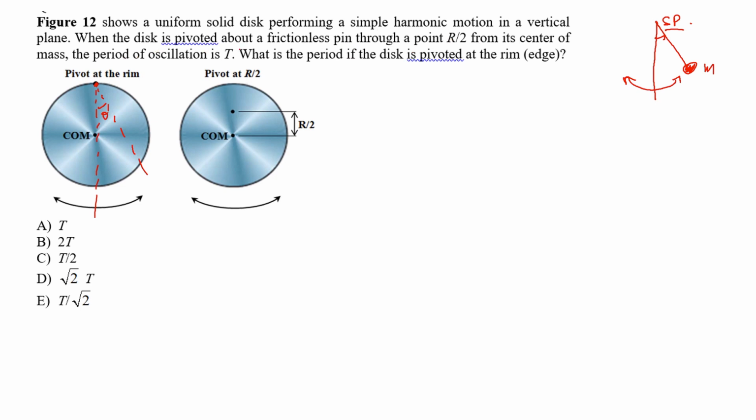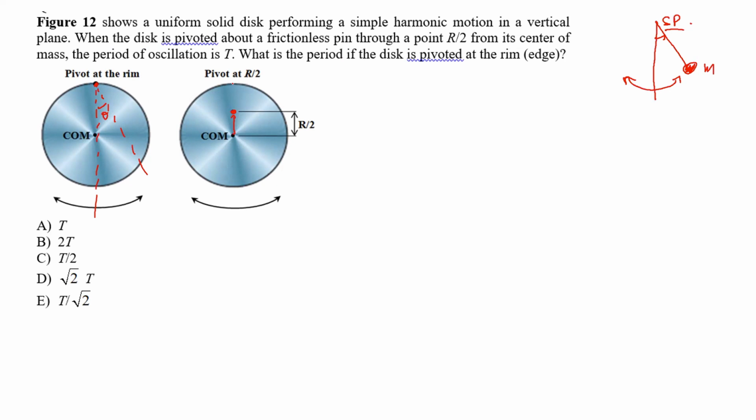When the disk is pivoted about a frictionless pin through a point R divided by 2 from its center, the period of oscillation is T. So when the axis of rotation is here, the pivot point is here at R divided by 2 from the center of mass, the period is T. Now the question is, what is the period if the disk is pivoted at the rim?